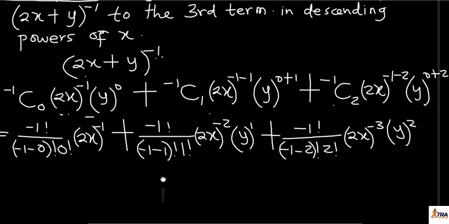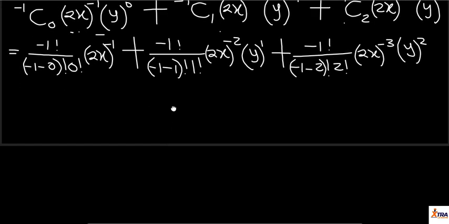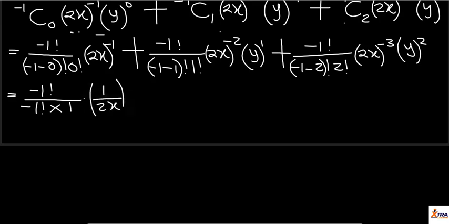We keep on simplifying. From here, we know this will give us minus 1 factorial over minus 1 factorial times 1, as we know 0 factorial is 1. We know this is 1 over 2x from our knowledge of indices. The same thing we do here. We can keep subtracting from our knowledge of factorial.